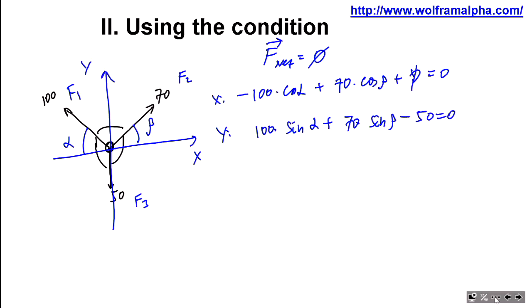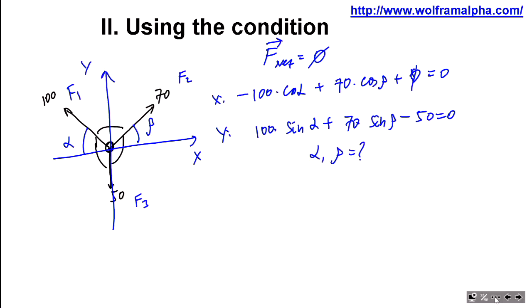Again, I use grams for forces. Why not? I can convert grams into newtons if I want to, but that conversion factor would have been canceled anyway because everything is equal to 0. It would be a common factor. And these are equations we have to solve for our unknowns, alpha and beta.